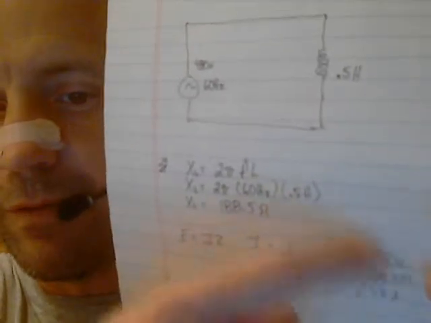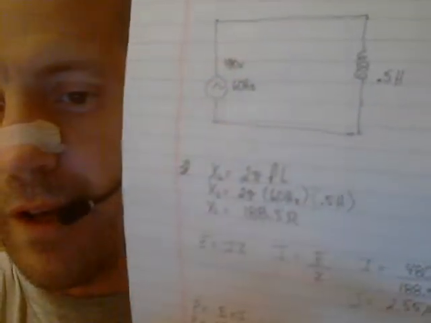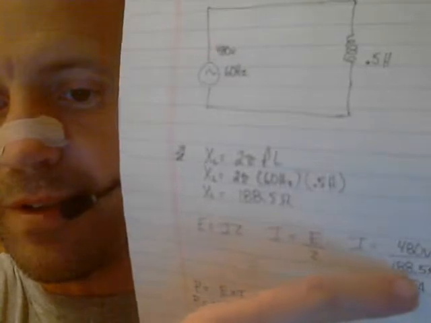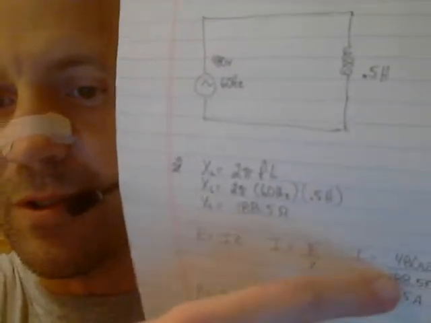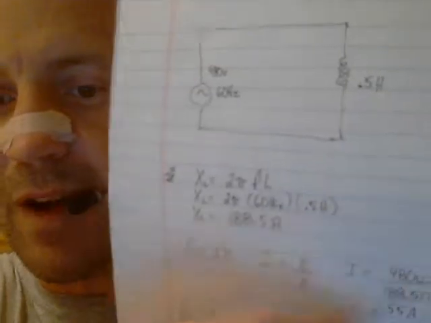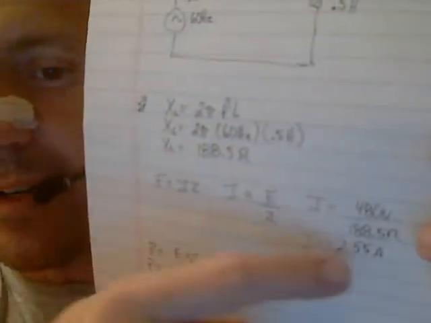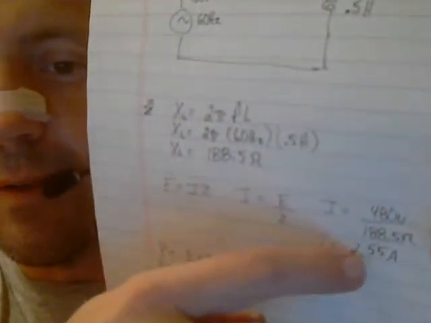So we plug it in. We have 480 volts, and our current limiting factor is the inductive reactance, which is 188.5 ohms, because inductive reactance, like resistance, is measured in ohms. We divide that out and we get a current flow of 2.55 amps.